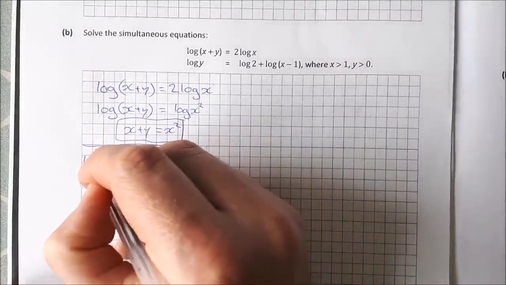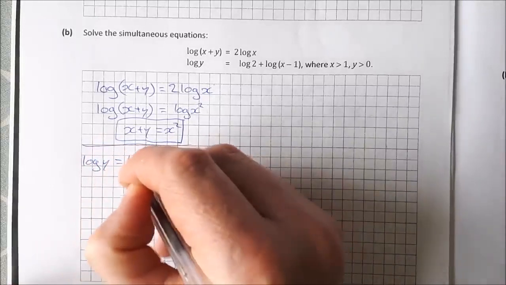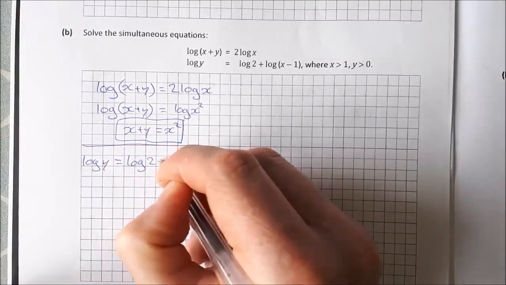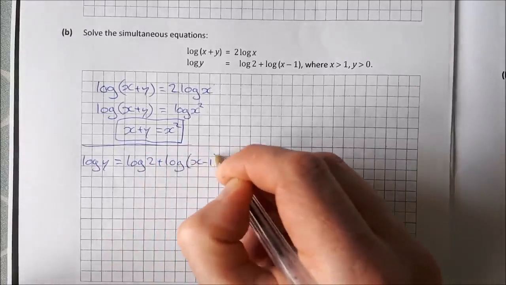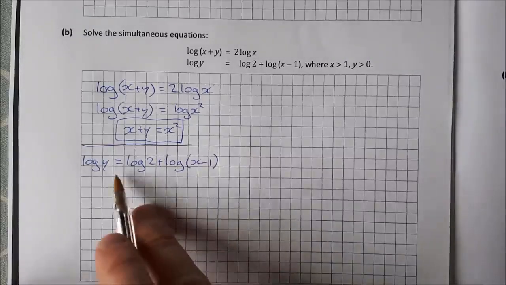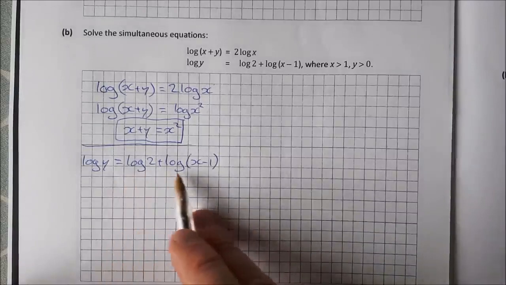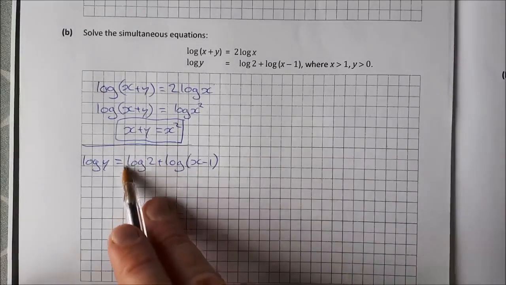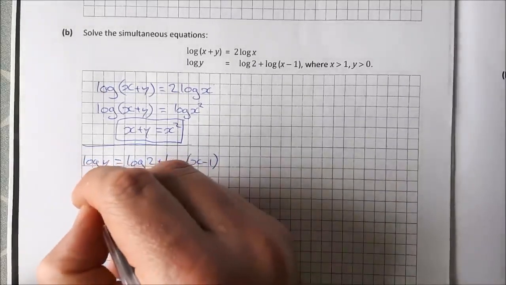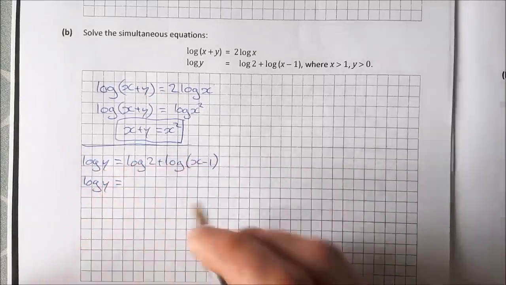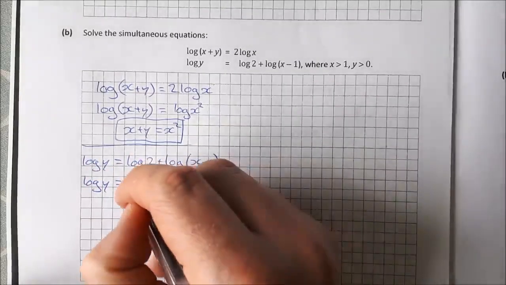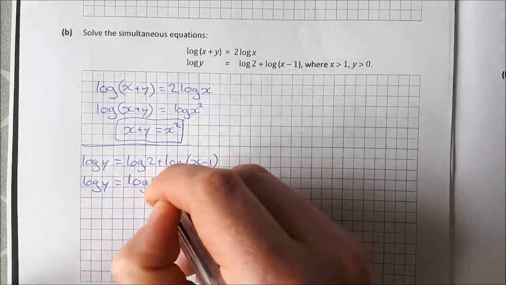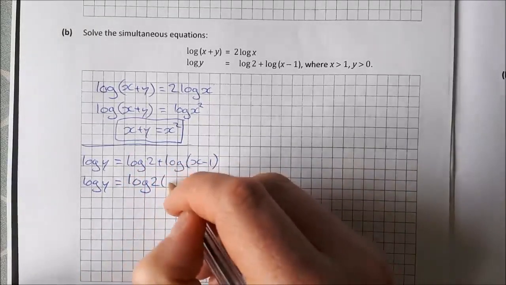So that's the log of y is equal to the log of 2 plus the log of x minus 1. So it turns out I can use a different law of log here to simplify this side. Now if I have the log of one number plus the log of another number, that's the log of the two numbers multiplied by each other.